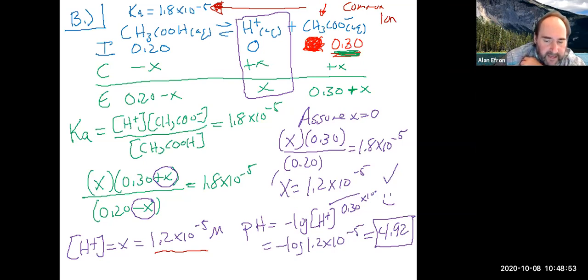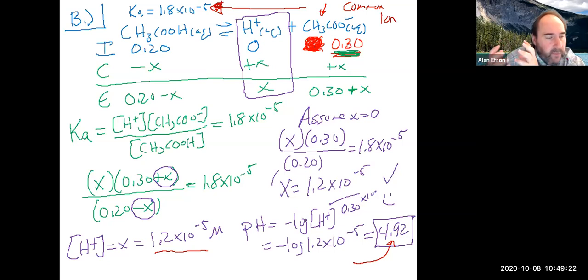The result of that is, as we were talking about before, we see that the pH went up in comparison of the weak acid by itself to the weak acid with the common ion present. So these are things that you do want to think about. If for some reason you did this calculation and you got a pH that was less than the weak acid by itself, something definitely went wrong in your calculation.